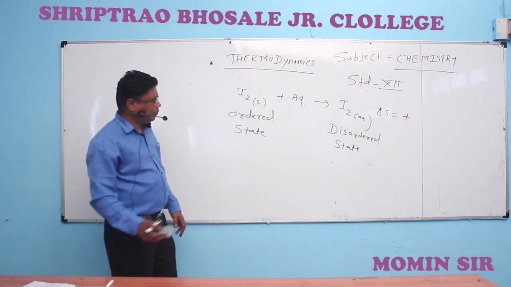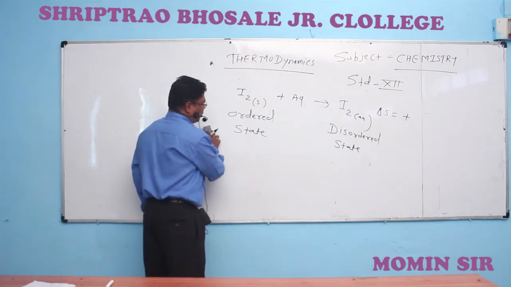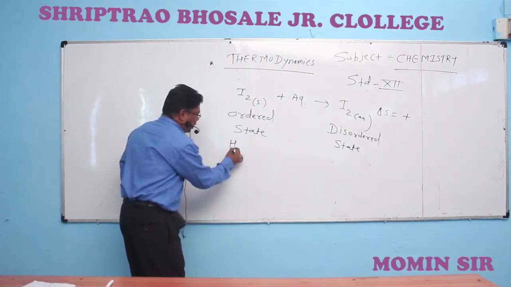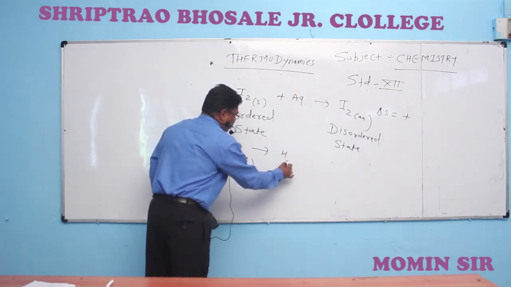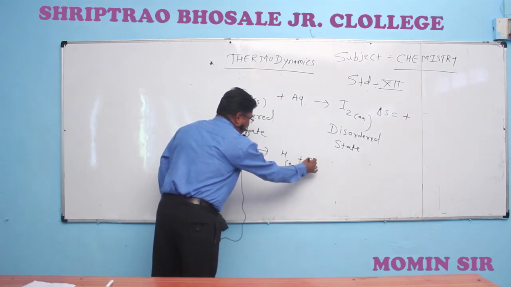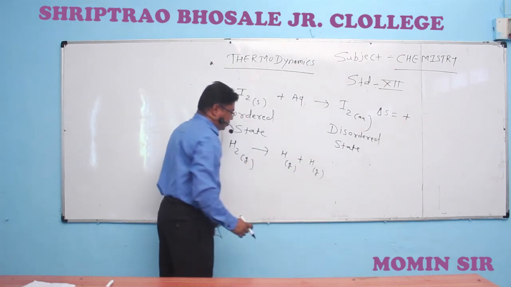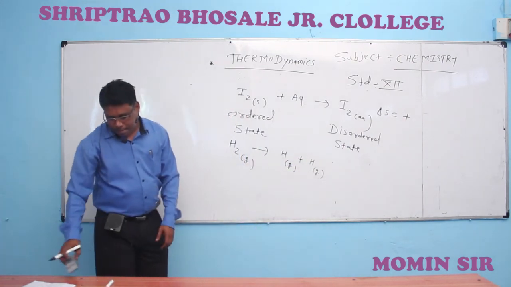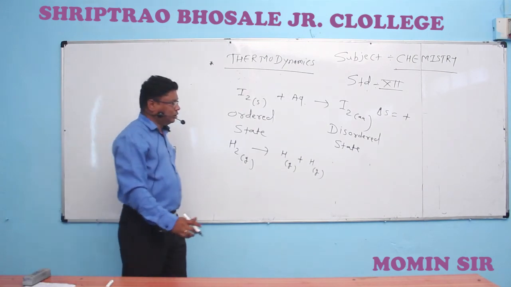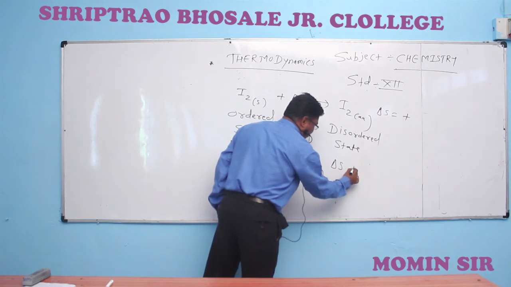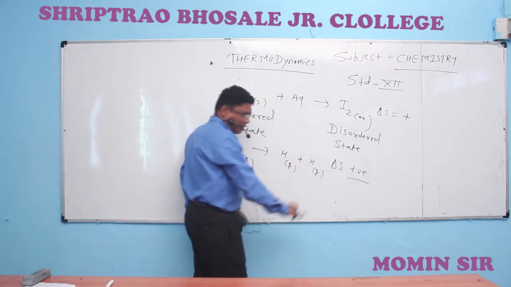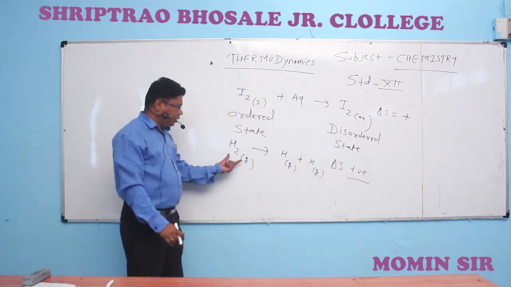Another example, hydrogen gas, H2 gives H gaseous plus H gaseous. Here the change in entropy is also positive. Why?